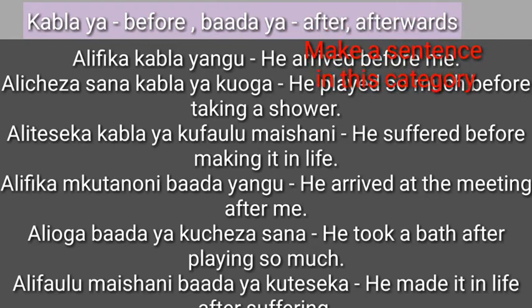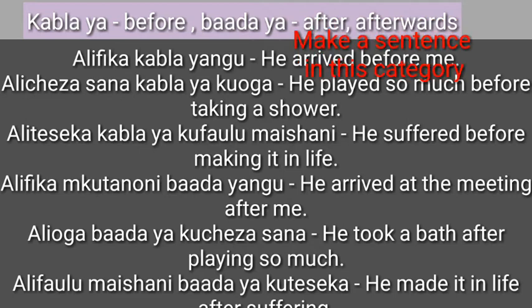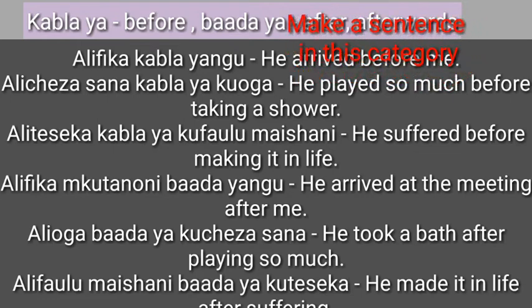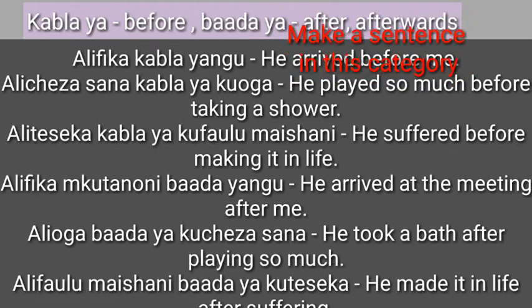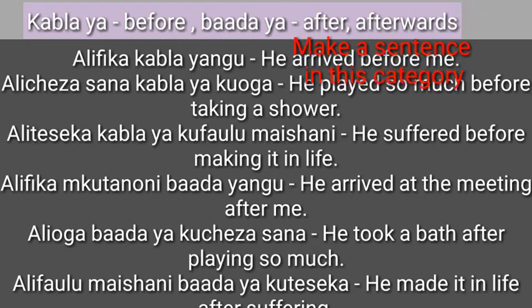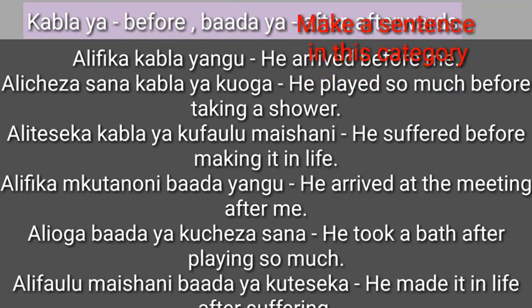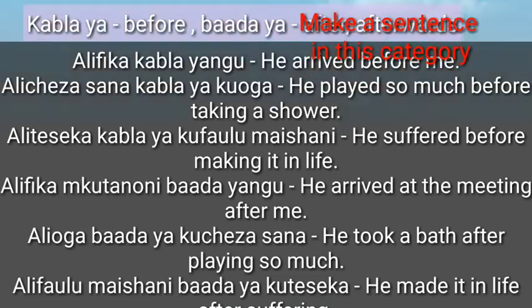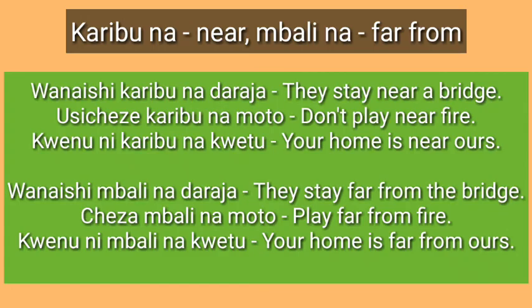Remember the word is mkutano, a meeting. Mkutanoni, at the meeting. We have the ni suffix, prepositional suffix. Alioga baada ya kucheza sana. He took a bath after playing so much. Alifaulu maishani baada ya kuteseka. He made it in life after suffering. Maishani also has the ni.